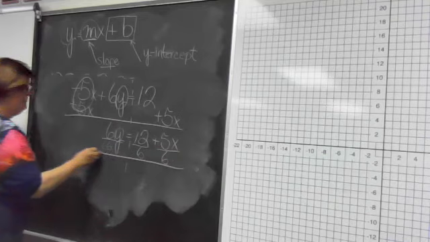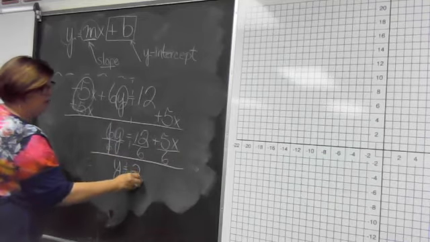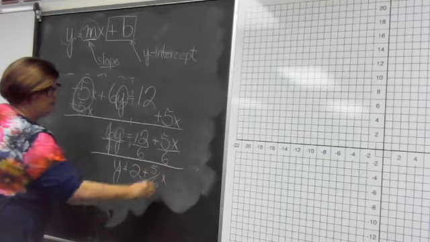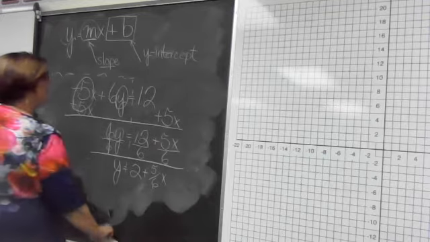Well, thank you guys. So I have y equals 2 plus 5/6 x. Better? Because the last time I had minus 5x or 5/6. Okay.